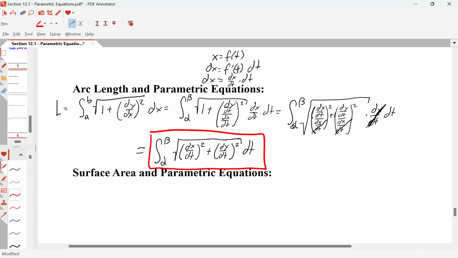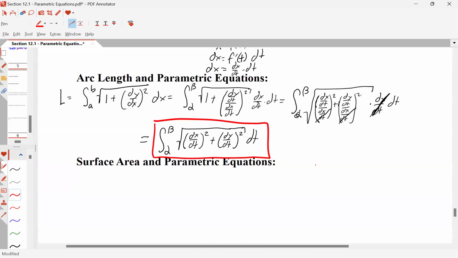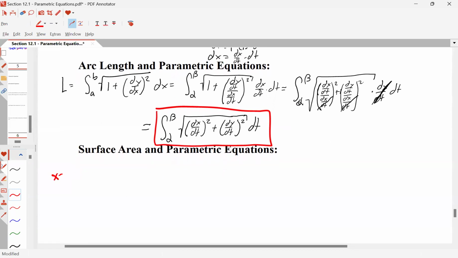But before we do that, we're also going to see what is then surface area. And surface area is going to get a very similar formula. That is, if we are going around the x-axis, and we have the parametric equations, x equals f of t and y equals g of t.